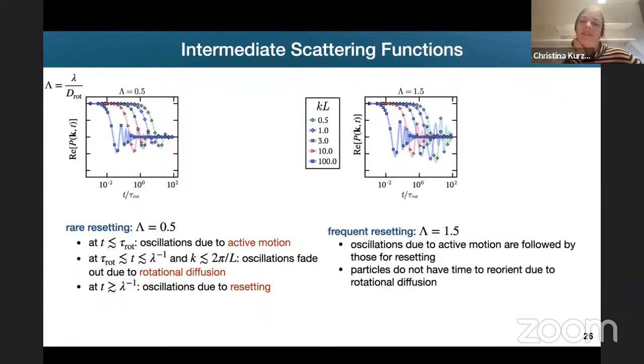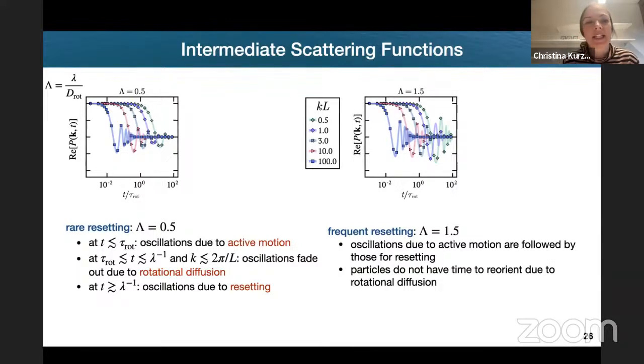Well, that you have to measure, right? So, in E. coli, I can tell you that the rotational diffusivity is smaller than the tumbling rate. So in that case, we would be in this frequent resetting regime. There are, however, archaea where you have exactly the opposite, where the cells only change their swimming direction at time scales much longer than the rotational diffusion time.